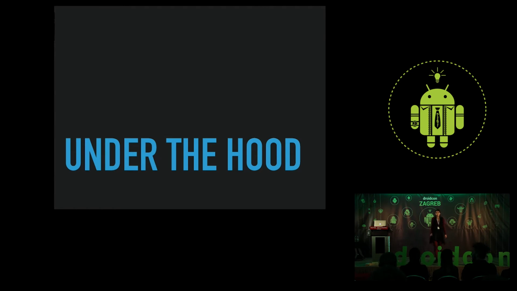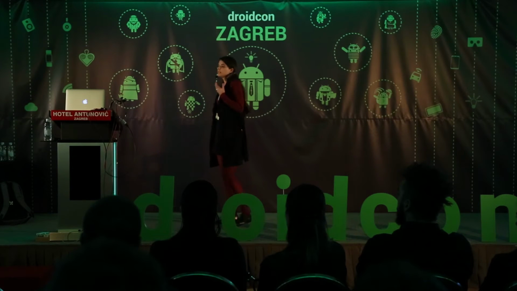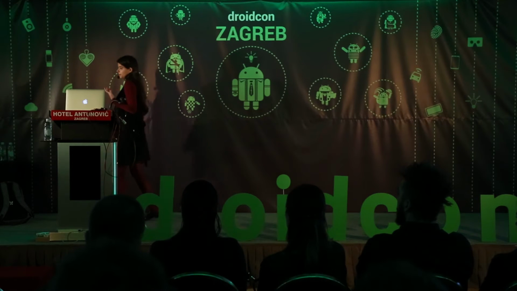Let's check some implementation details of this new model. First of all, this new dialog is actually a dialog style activity. And why is that important? Well, your activity needs to be prepared to pause and resume itself once it requests the permission. It's also important to know that your activity goes through the onSaveInstanceState lifecycle method when this happens.